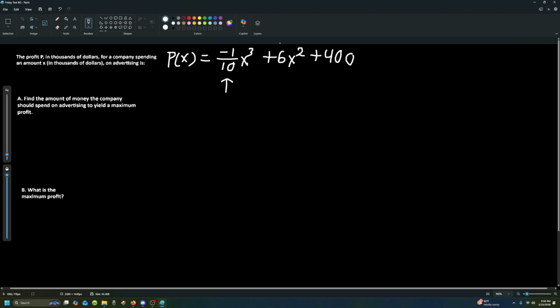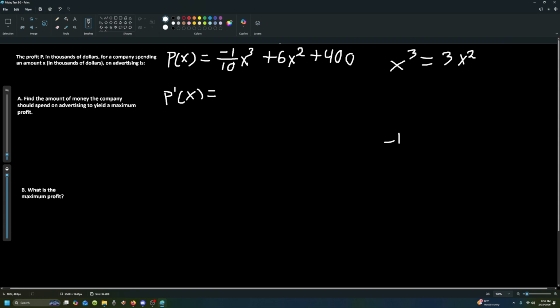Since this negative 1 over 10 is just a constant, we don't have to worry about that really. All we have to do is solve for the derivative of x cubed, which is 3x squared, and then multiply that by negative 1 over 10. I know it's a mouthful, but let me explain. If the derivative of x cubed is equal to 3x squared, and this is a constant, it doesn't have an x value in it, it's just multiplying the x cubed.